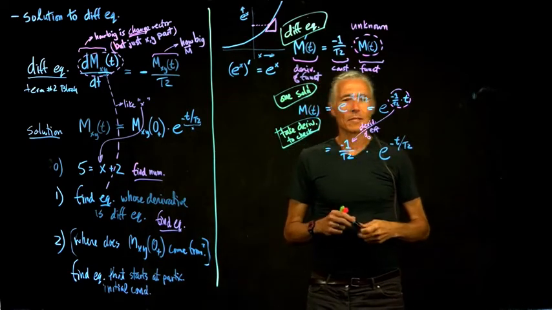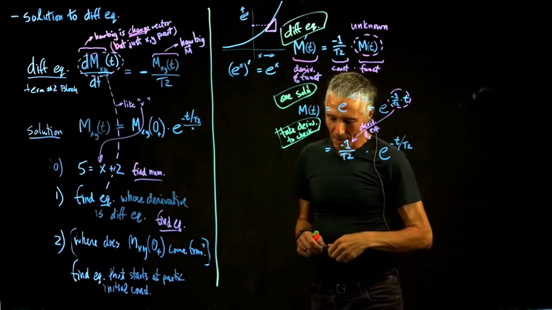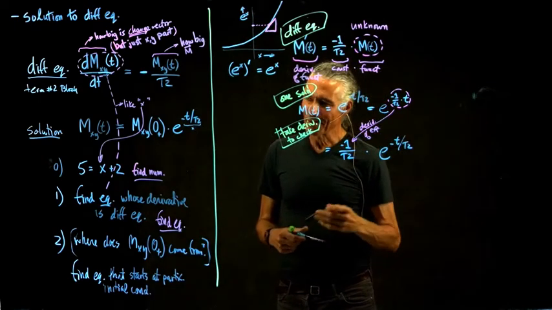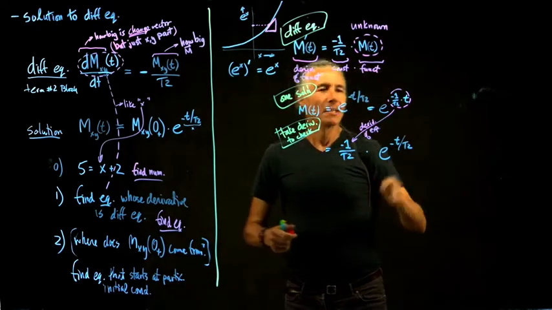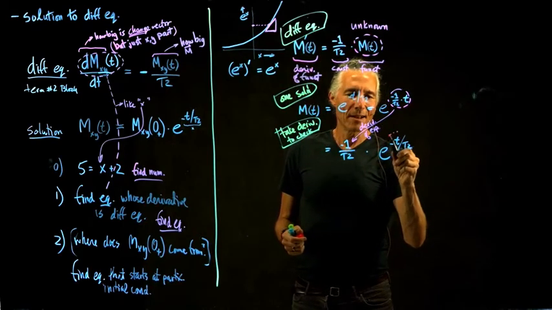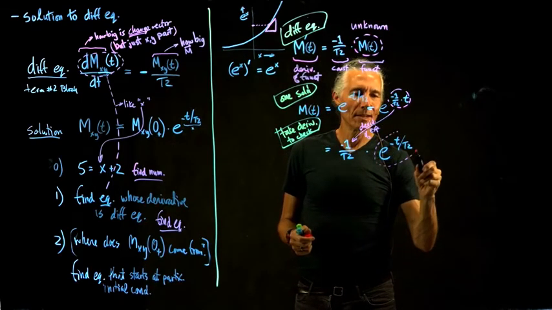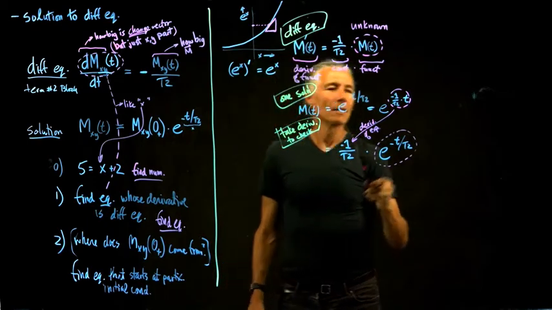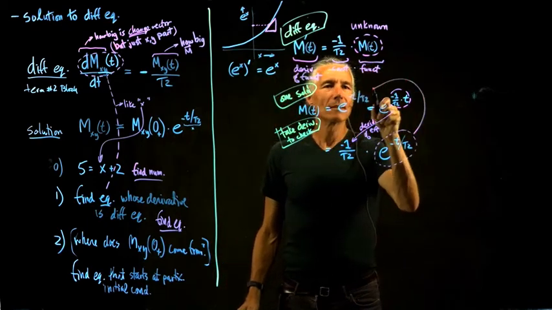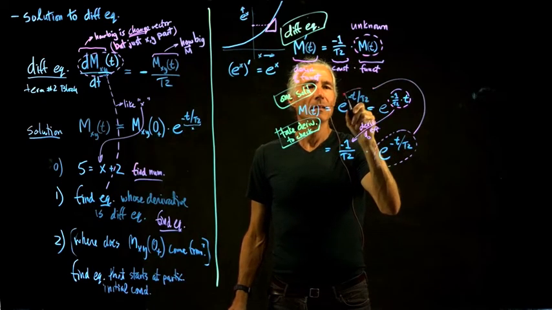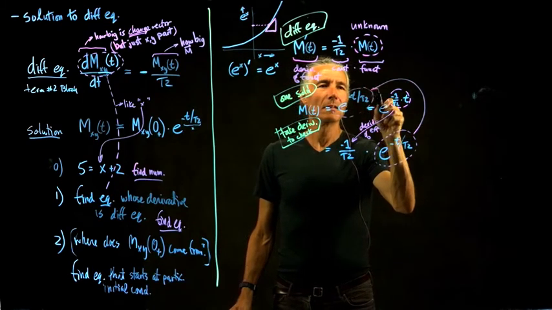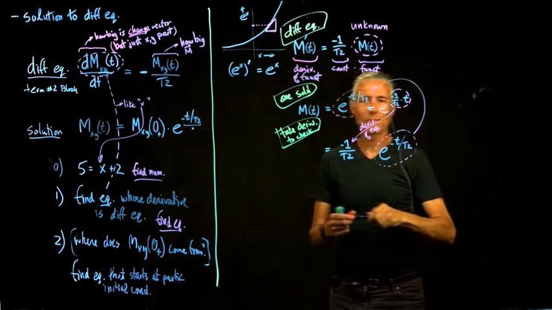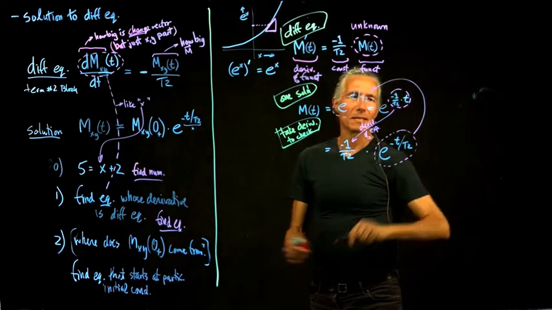So, have we gotten the correct answer? We have, because if we look at this thing right here, this thing is equivalent to this function. We're just substituting it in for that function. Same.